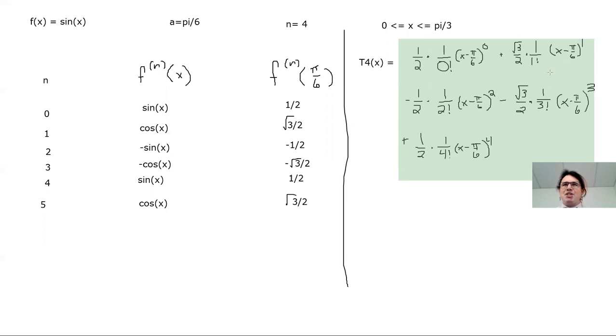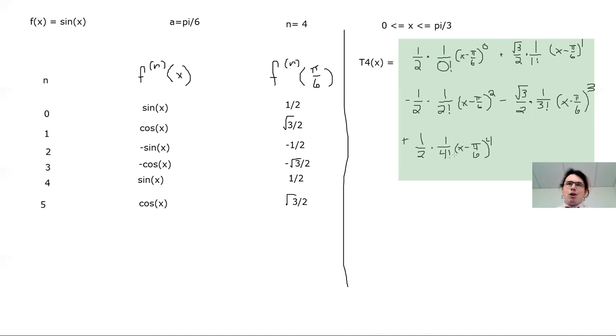The linear term has a coefficient of root 3 over 2. The quadratic term has a coefficient of -1/4. The cubic term has a coefficient of -root 3 over 12. The quartic term has a coefficient of +1 over 48.